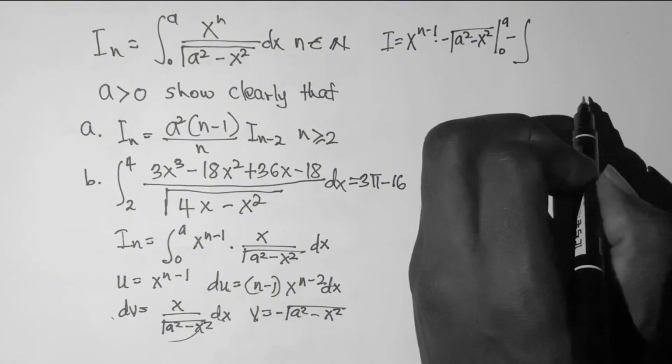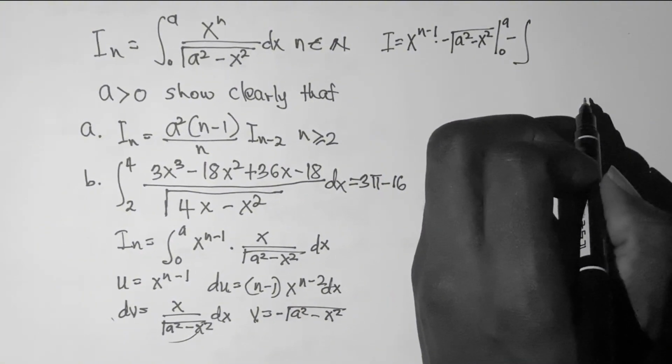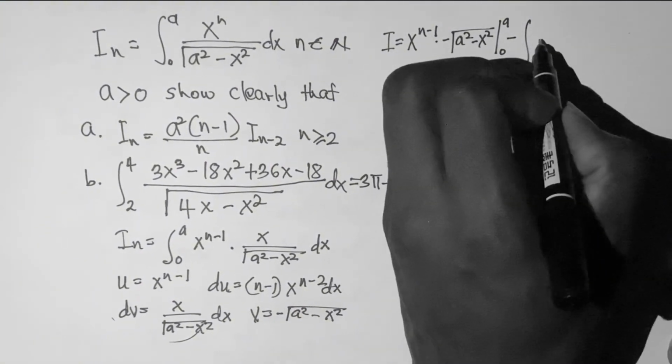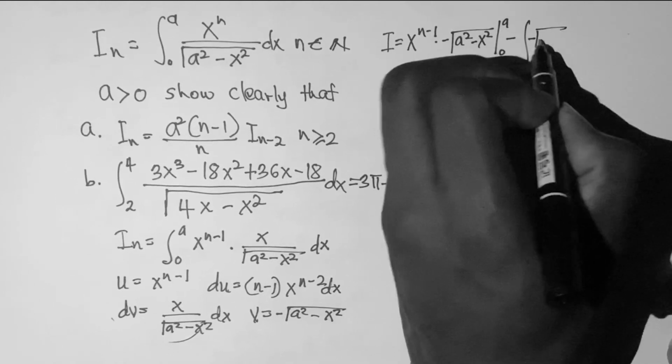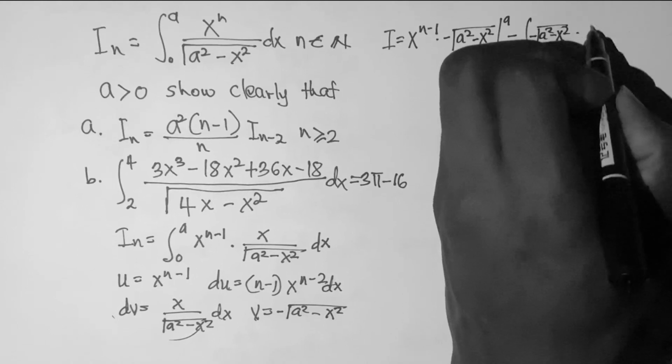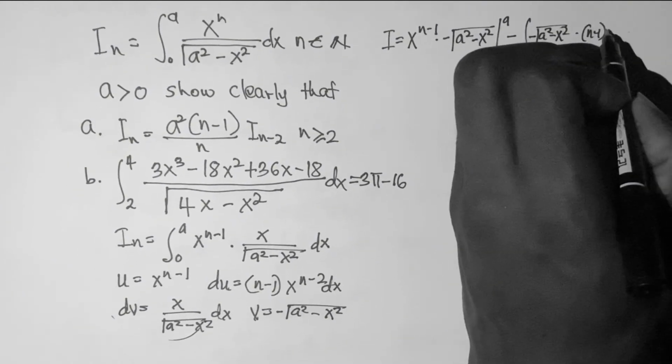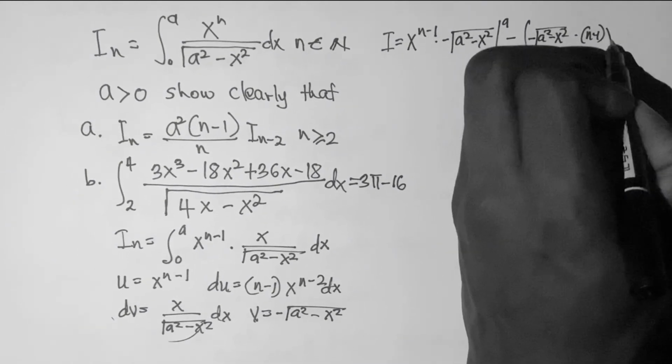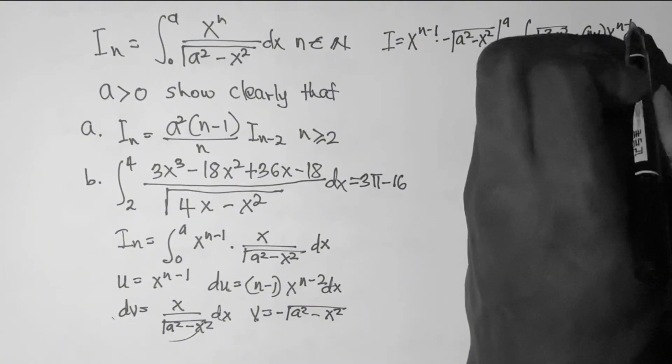Our v is minus square root of a squared minus x squared times du is n minus 1, then times x exponent n minus 1 dx.